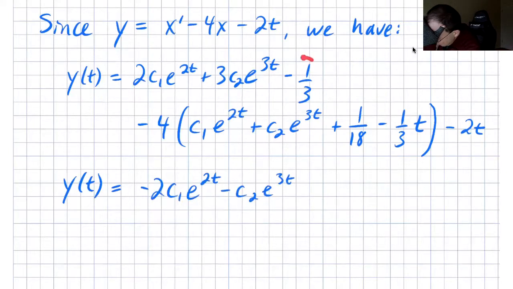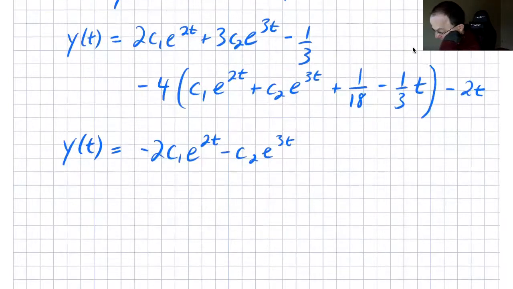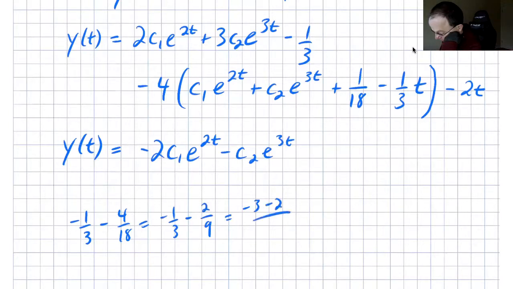And then we have minus 1/3 minus 4 times 1 over 18. Okay, let me calculate that over here. Minus 4 over 18, that'll give us minus 2 over 9. So it'll be minus 3 minus 2 over 9 is minus 5 over 9. Okay, so that'll be minus 5 over 9 for that term.